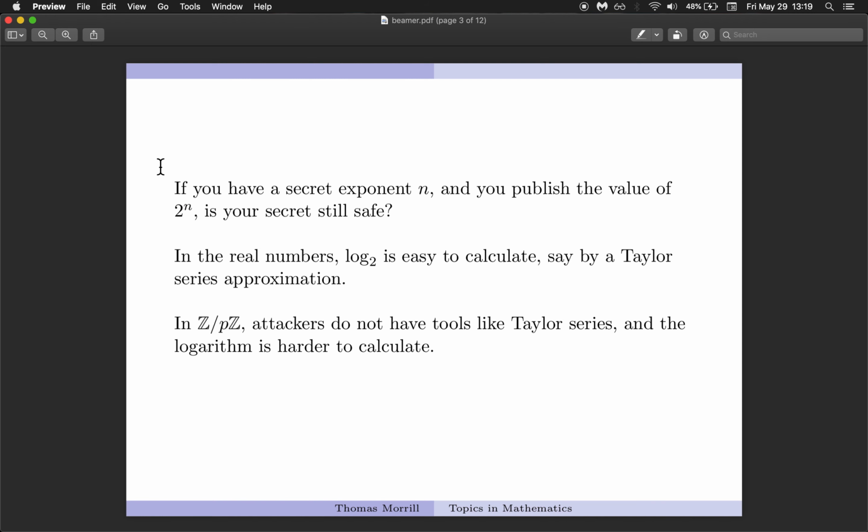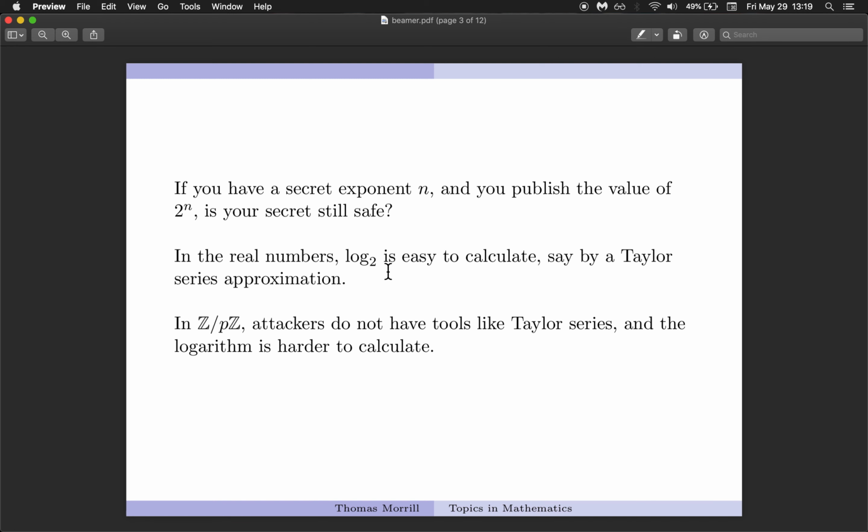Here I've just used 2 to make things a bit more explicit. And the question is, can we publish the exact value of 2 to the power n without giving away what n actually is? It all depends on what system of algebra you're using to make this calculation.